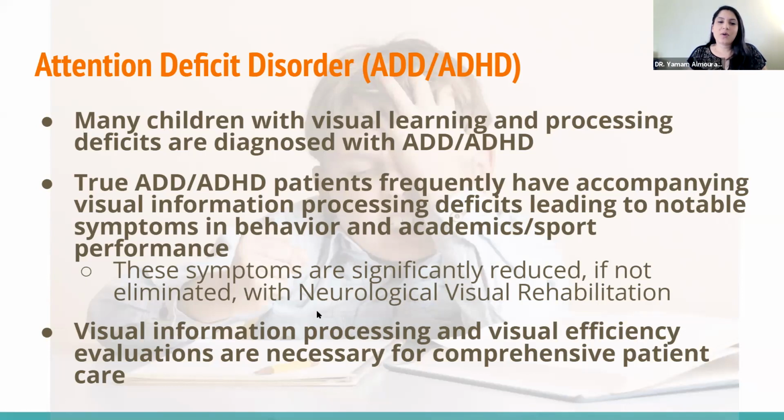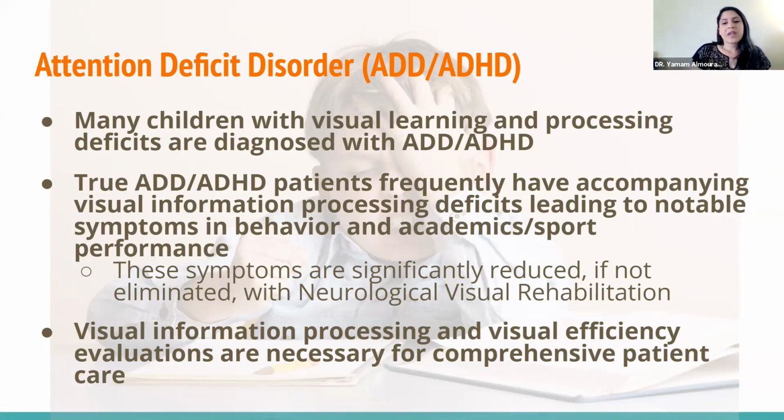And so there are a lot of underlying visual issues that could be taken care of with those annual exams if the optometrist is paying attention to binocular issues in their exam. The second portion that is related to ADD, ADHD is visual information processing.